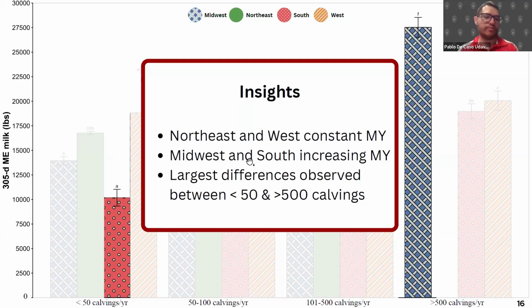And then the largest differences, of course, as we can see very clearly in this bar, occur between the category of less than 50 calvings and more than 500 calvings. But there are pretty much no differences when we're comparing the 50 to 500 calvings.